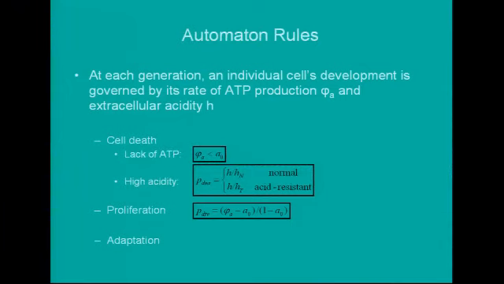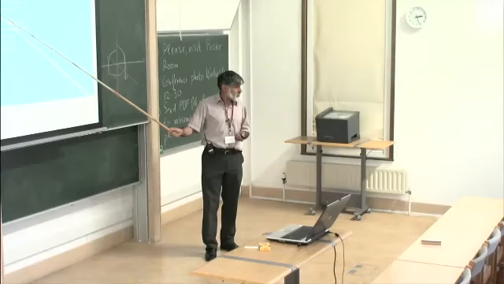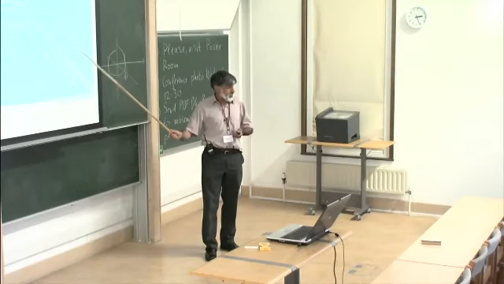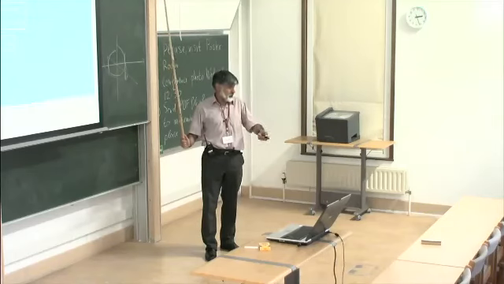So lack of ATP, it'll die. Proliferate if there's enough ATP above a certain threshold. And then we read off the acid concentrations, and if the acid concentrations are very high, the cell will die, but that probability is scaled by the cell type. So if the cell is acid resistant, it'll have less chance of dying than if it's not acid resistant.